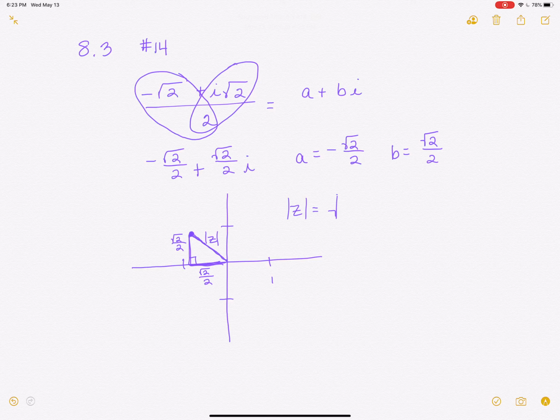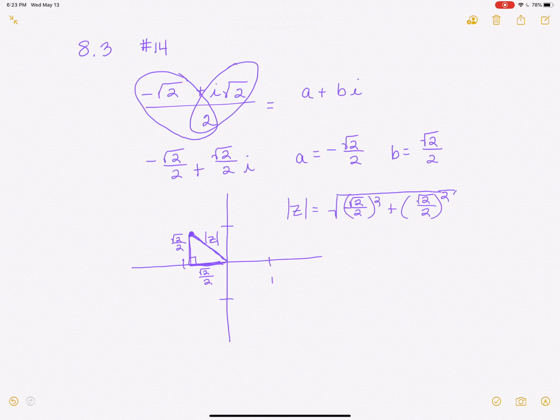So I'm going to take the square root, and it's going to be a squared, which is the square root of 2 over 2 squared, plus b squared, and that was negative. And this is square root 2 over 2, and that's positive squared. When I square negative, it becomes positive, so that negative really didn't matter anyway.